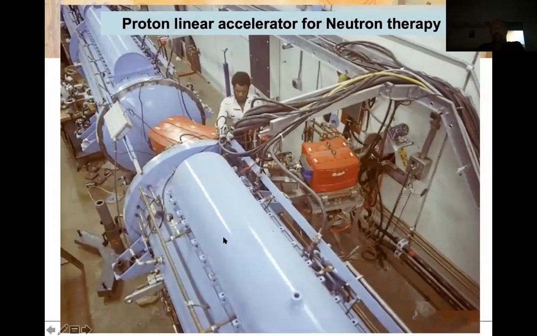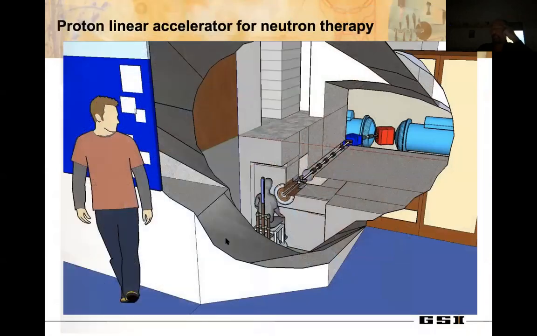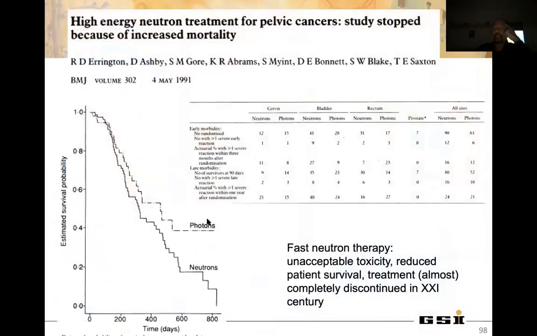And of course, the problem that you have is that in most cases you produce these neutrons from reactors. If instead you can use accelerators, like this proton linear accelerator for neutrons, then this can be a little bit more comfortable. However, the studies on fast neutron therapy were terminated essentially at the beginning of the 90s.